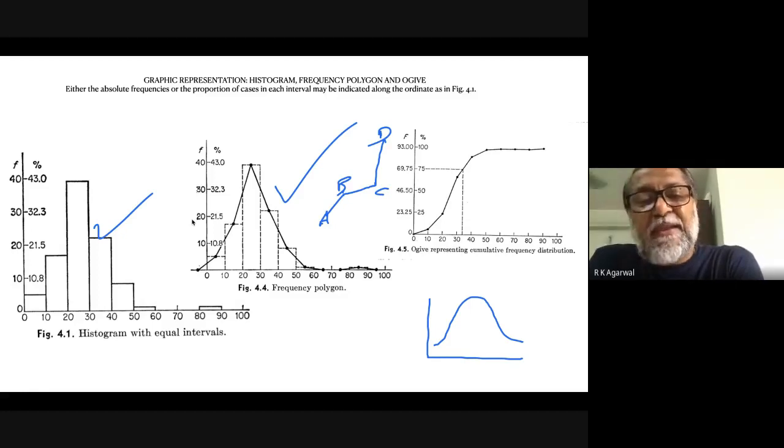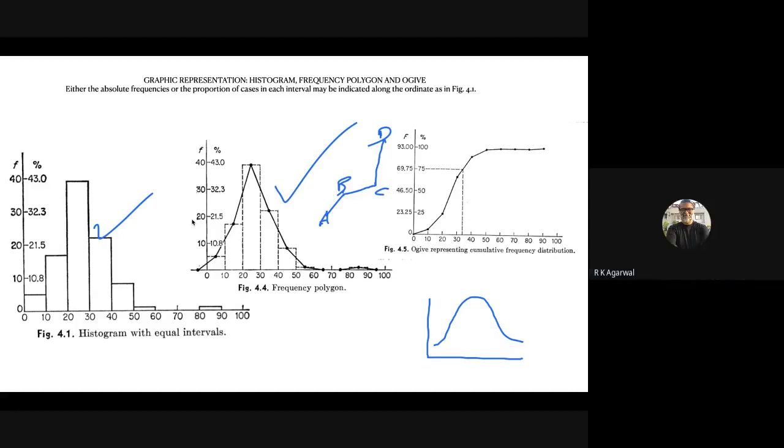Therefore, instead of joining them by straight lines, we join them by a curve. So, to answer your question, we not only are content with drawing a histogram, but we also draw a polygon, more preferably a frequency curve, for the two cases.